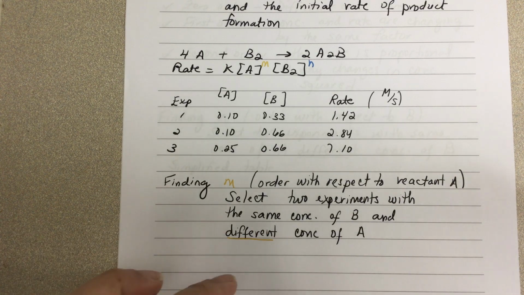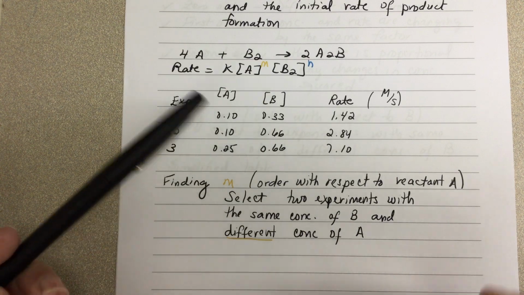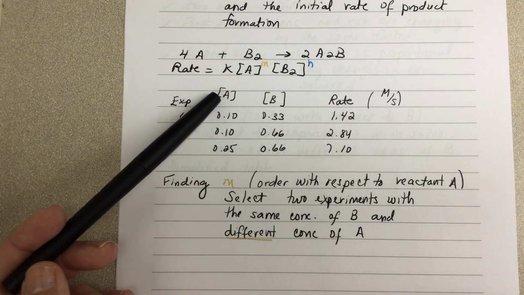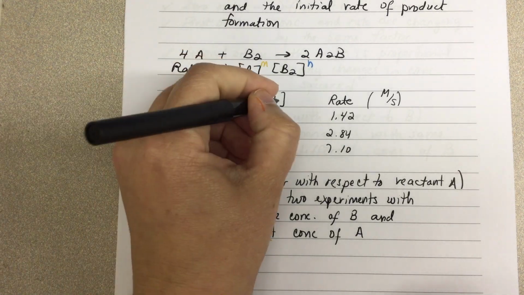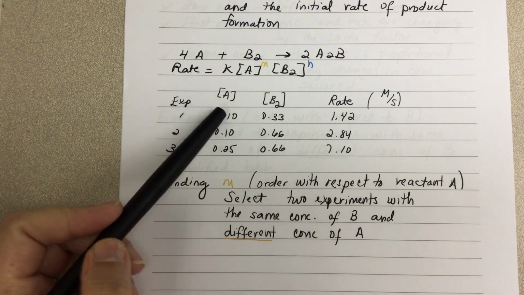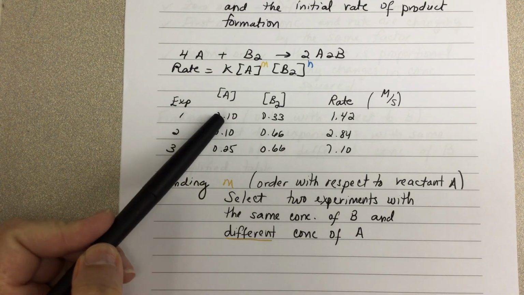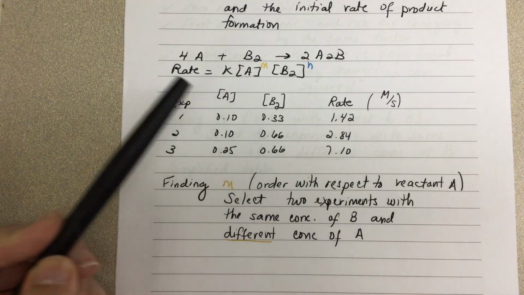So remember, always you're using 2 experiments where the concentration of the one that you're trying to find is different and the other one is the same. So looking at your experiments here, you want different concentrations for A, same concentrations for B2. Experiment 1 and 2 is not going to work out because you have the same for A and different for B2.